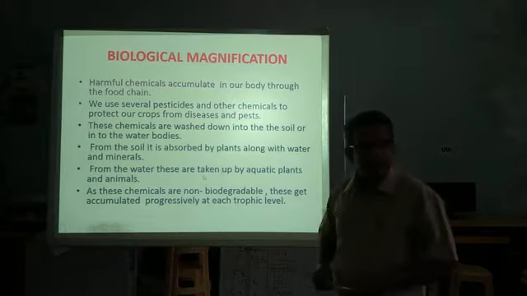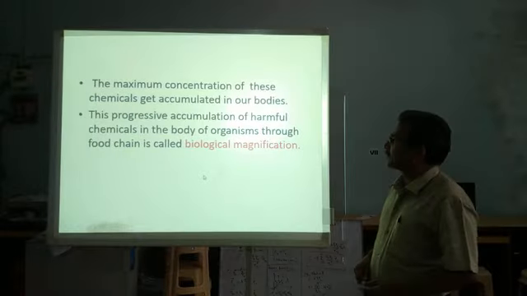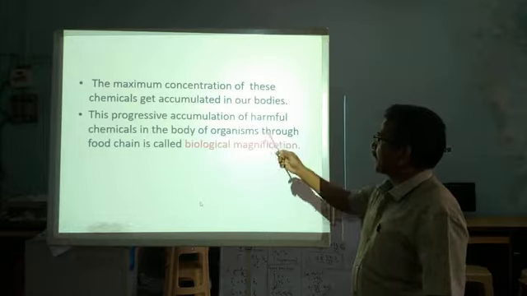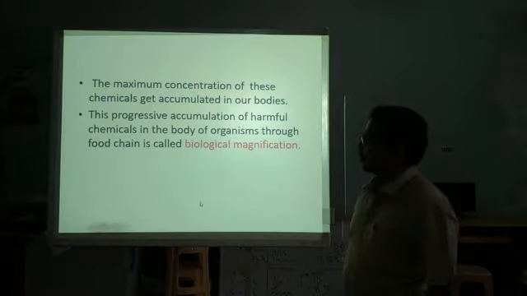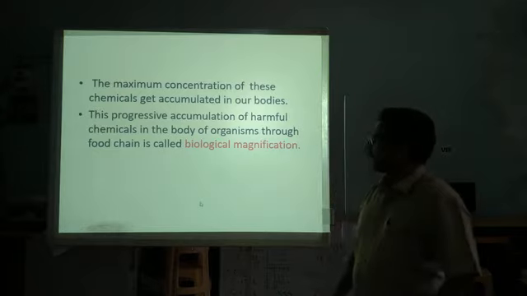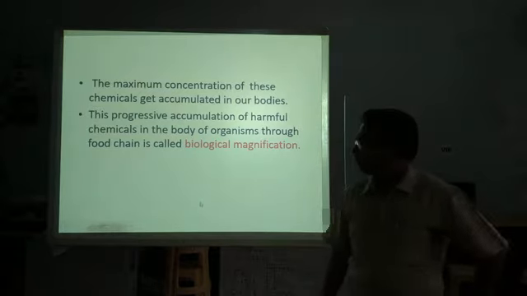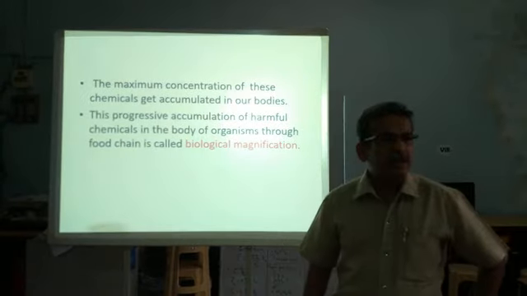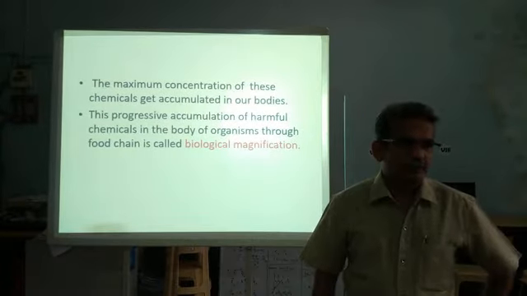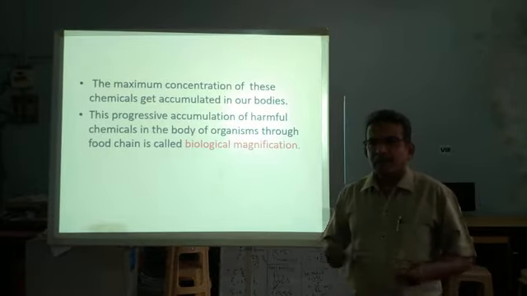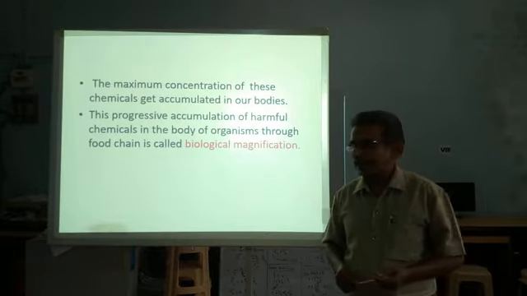Maximum concentration of these chemicals gets accumulated in our bodies. This progressive accumulation of harmful chemicals in the body of organisms through the food chain is called biological magnification. That is one of the worst environmental problems we are presently facing.